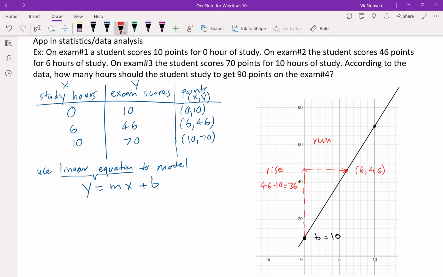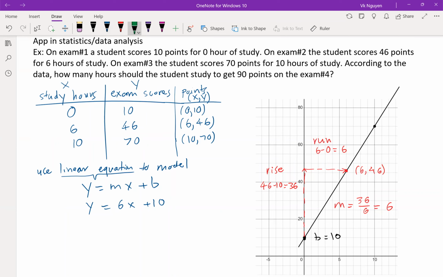Difference in x, 6 minus 0 equals 6. So the slope here is rise over run, 36 over 6, which is 6. And from here, we have the model: y equals 6x plus 10. Pretty cool, huh?